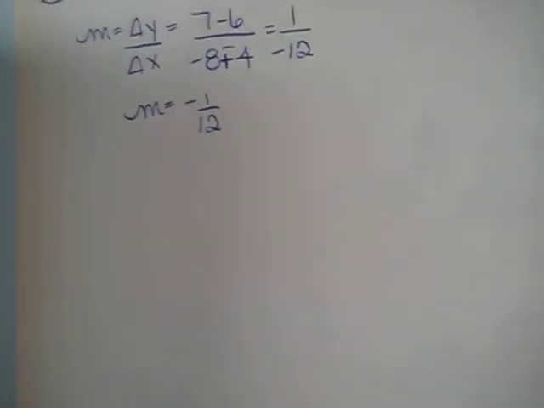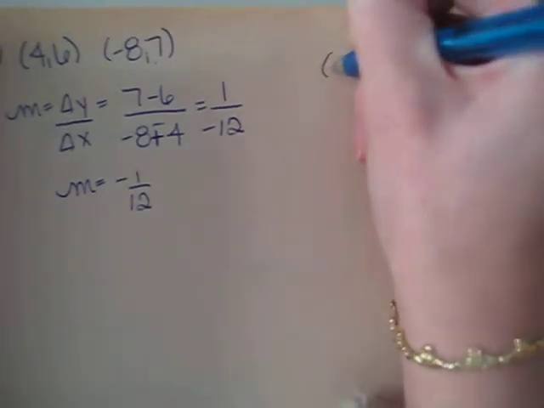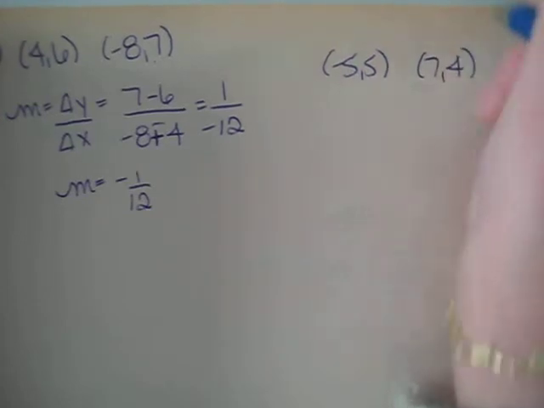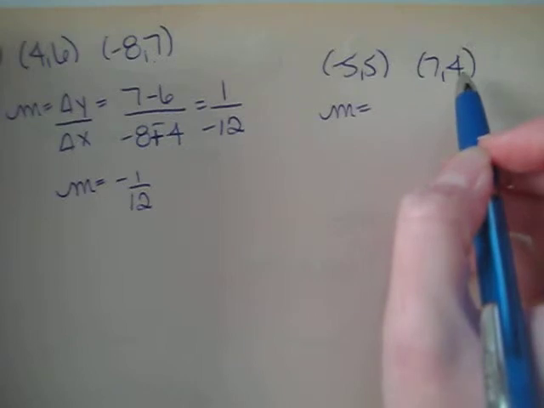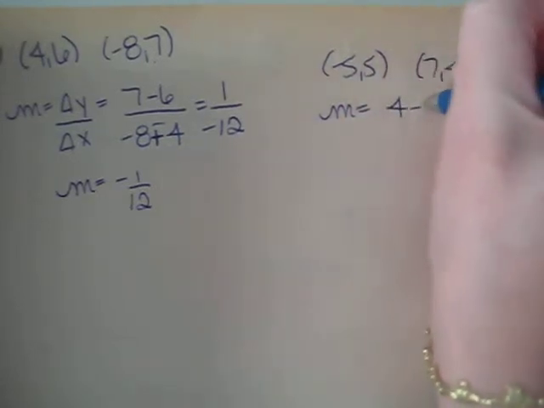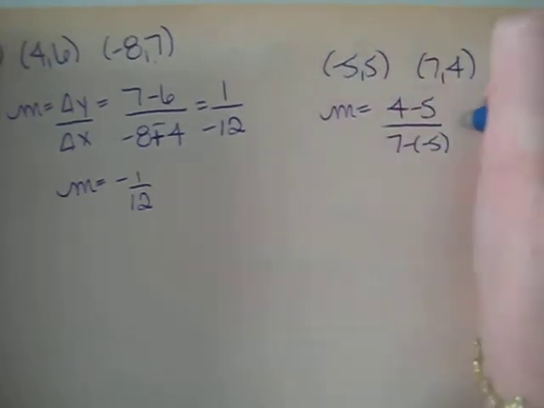Okay, now let's do the second set of coordinate points, which are -5, 5, and 7, 4. So I'm going to go in the same direction, just to make it easier. 4 minus 5, 7 minus -5.